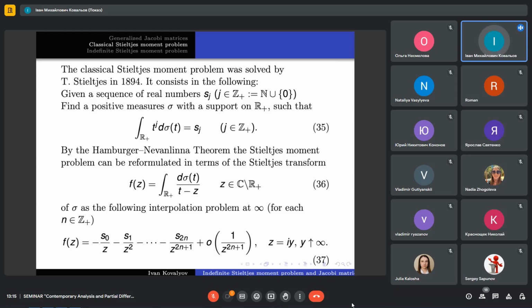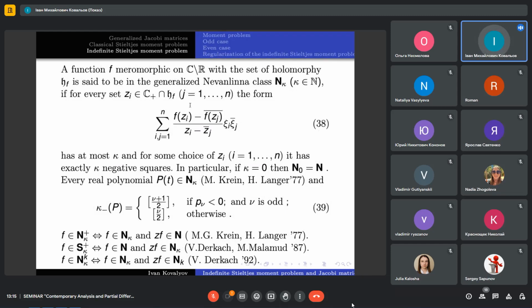By the Hamburger-Nevanlinna theorem, the Stieltjes moment problem can be reformulated in terms of the Stieltjes transform by formula 36, and in this situation we can reformulate our problem as an interpolation moment problem by formula 37.